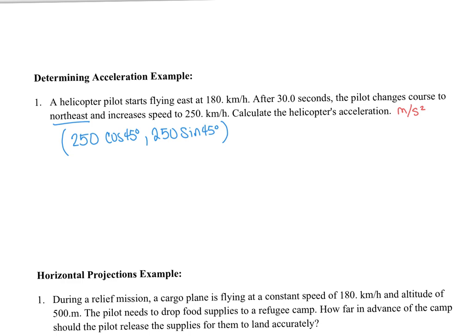I'm going to subtract from that where I started from. I started exactly 180 kilometers per hour east, which means I don't have to do any angular work to calculate that. When I put those in, I got about 176.8 or so. When it's all said and done and you do your subtraction, you should end up around here.